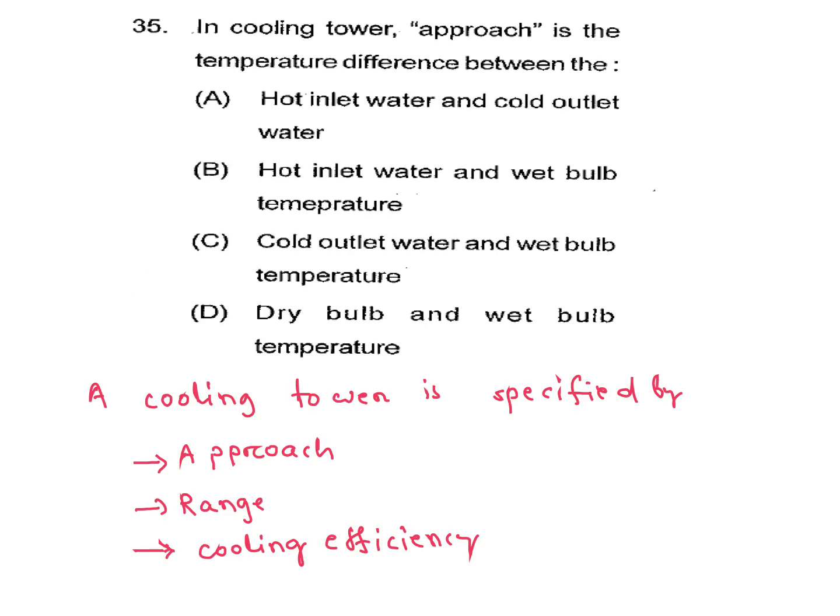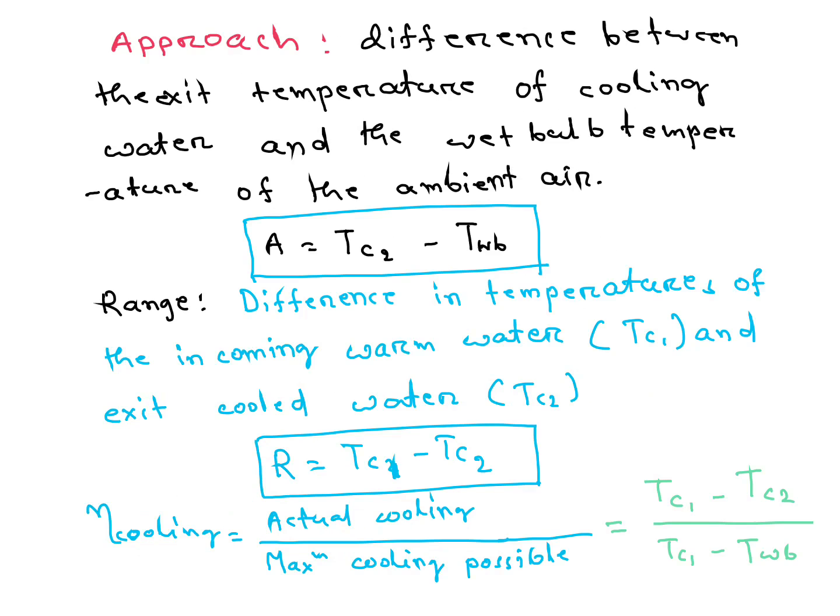Question is, in cooling tower, approach is the temperature difference between. First I will tell you some fundamentals for cooling towers. A cooling tower is specified by approach, range and cooling efficiency, and the definitions are, for approach the definition is, it is the difference between the exit temperature of cooling water and the wet bulb temperature of the ambient air.